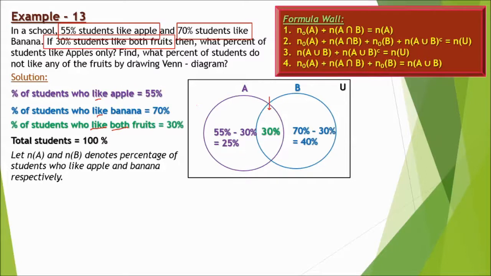So did not like both fruits, that is out of the ring. Out of the ring we have x percent. So let's copy the information we acquired from the Venn diagram. Total, as I have already told you, it is 100%.